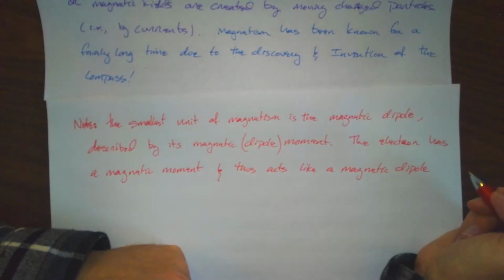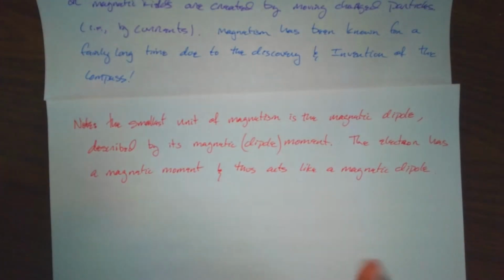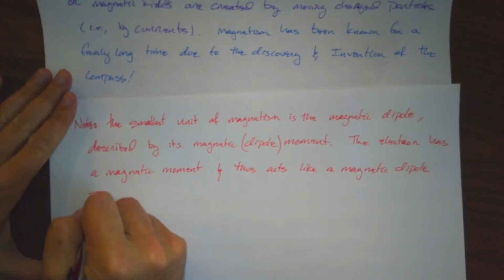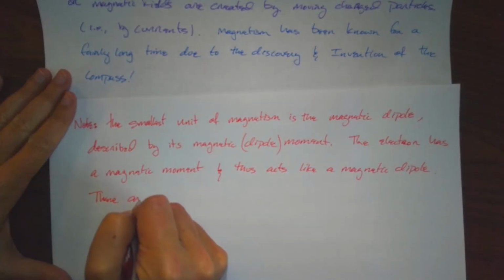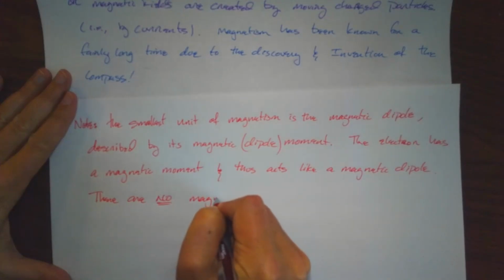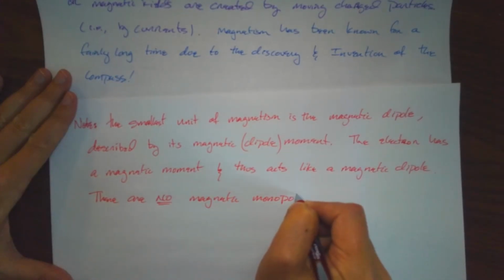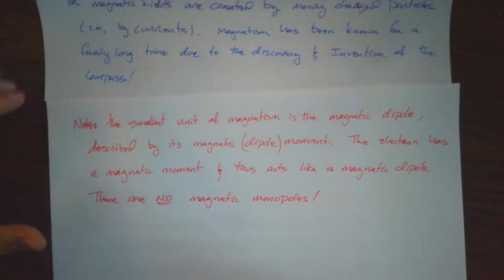It acts like a magnetic dipole. Okay, so it acts like a little bar magnet. And there are no magnetic monopoles.